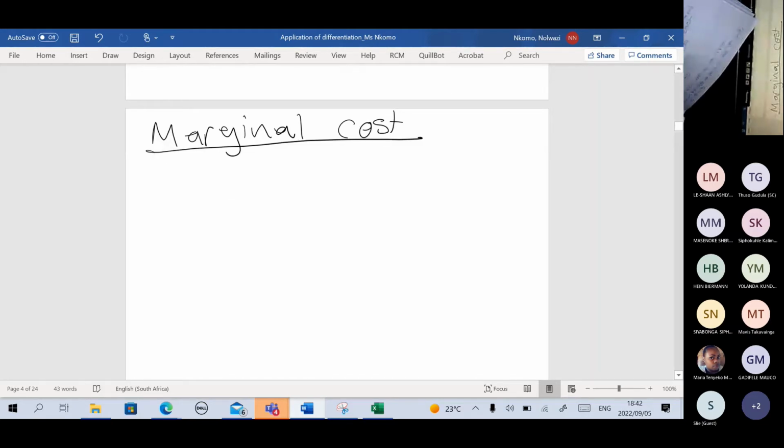Okay, remember that the total cost consists of the fixed cost plus the variable cost, right?